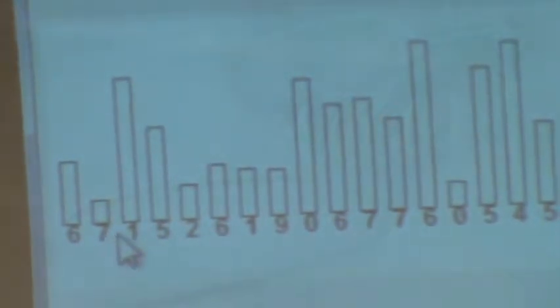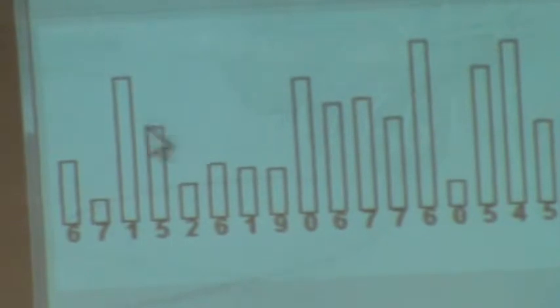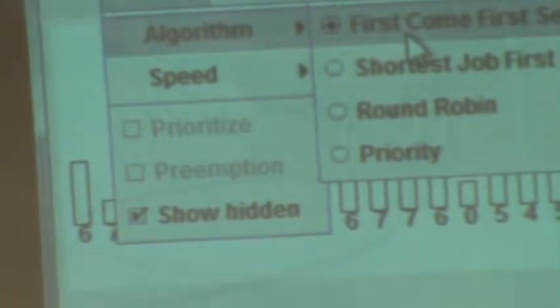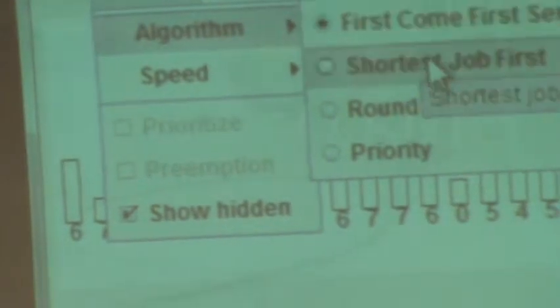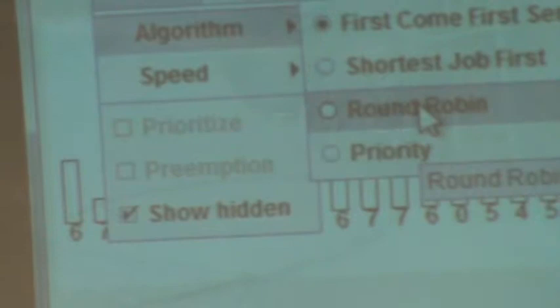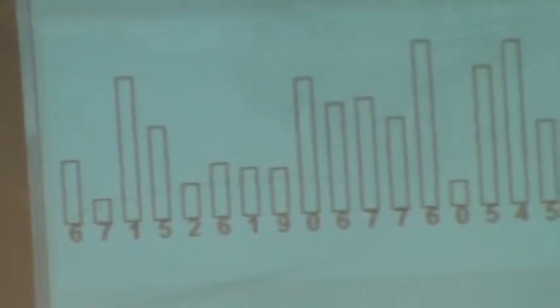This is a priority in this case, and the size of the bar is the CPU burst time. Then you can select the algorithm that you implement, like first come first serve, shortest job first, round robin, and priority. Which one do you want? For example, first come first serve. Then you can.